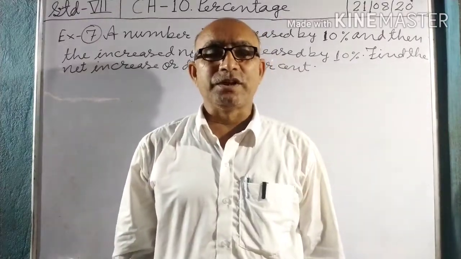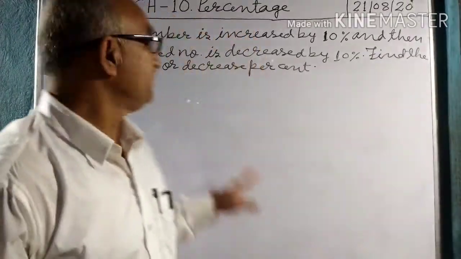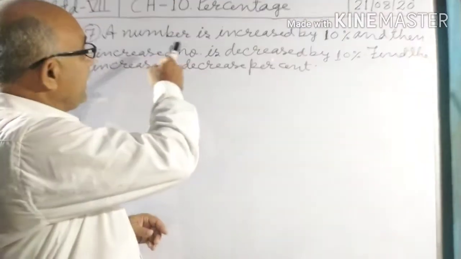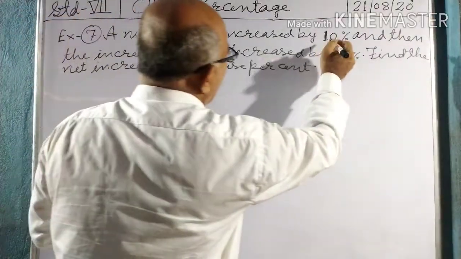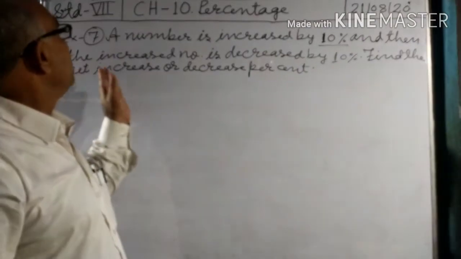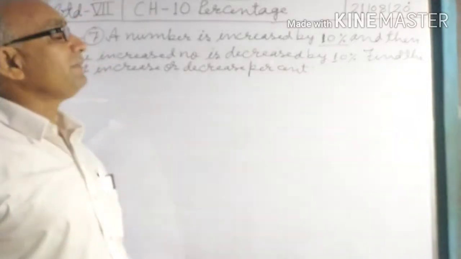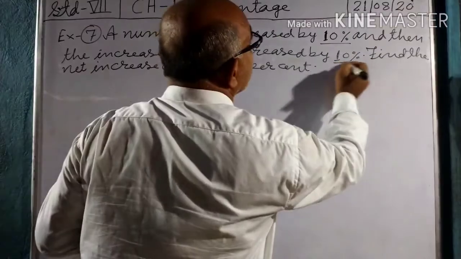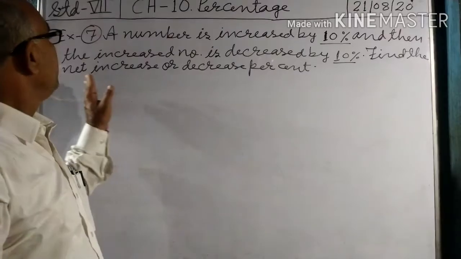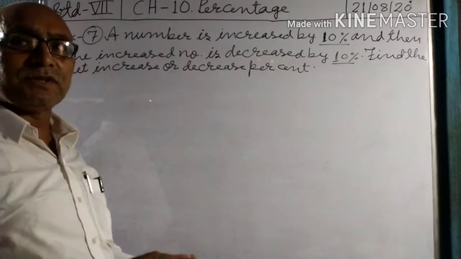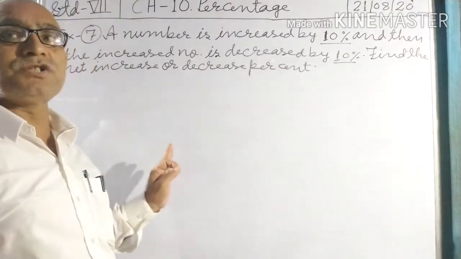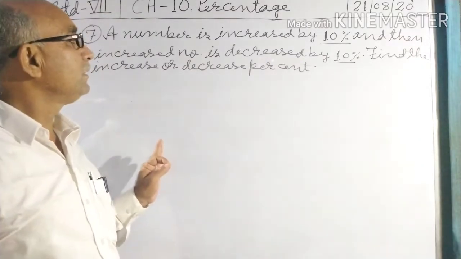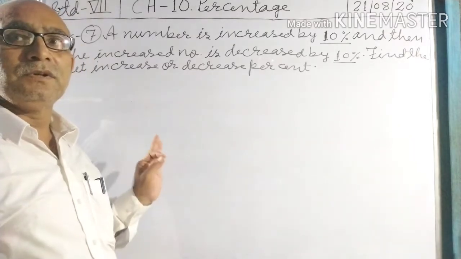Students, next question is example 7. A number is increased by 10% and then the increased number is decreased by 10%. Find the net increase or decrease percent. This question can also be solved by two methods.